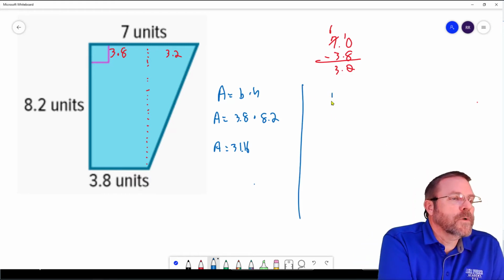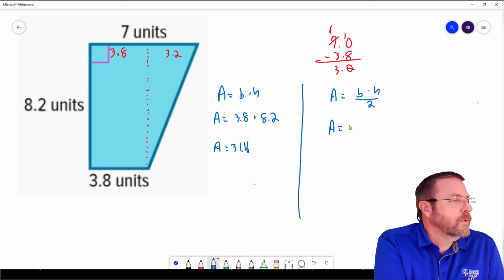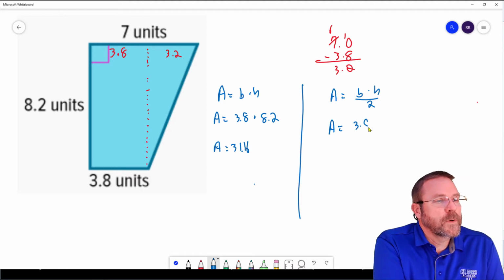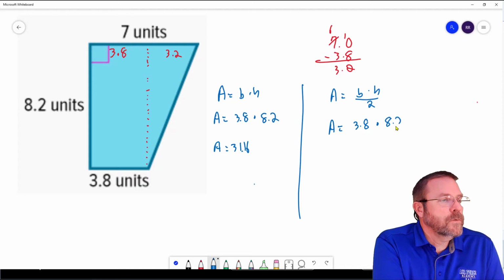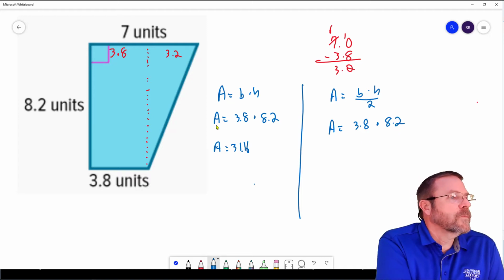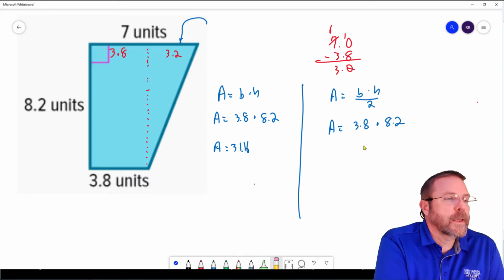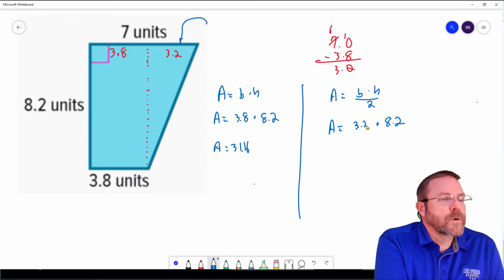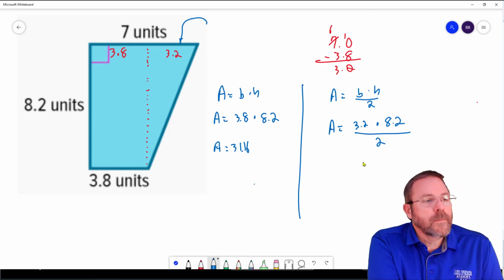And then we have the triangle formula, which is area is equal to base times height divided by 2. Area is equal to, I have a base of 3.8 units times a height of 8.2 units. I'm sorry, this base is going to be 3.2 units right there, so let me fix that. I was looking at the wrong shape. So the 3.2 is going to be the base of my triangle, and the height's going to be the same, and we're going to divide entirely by 2.